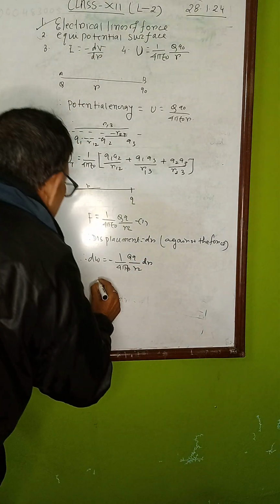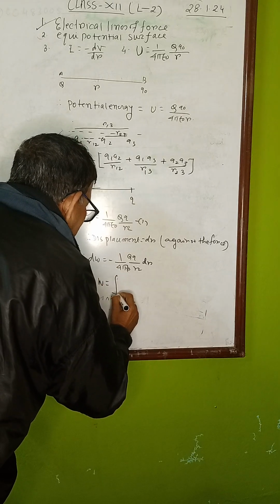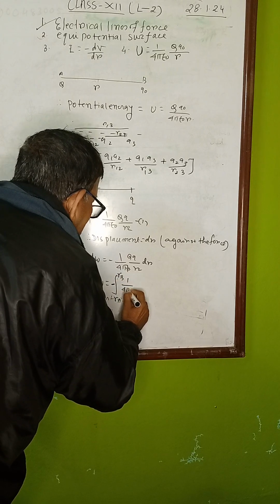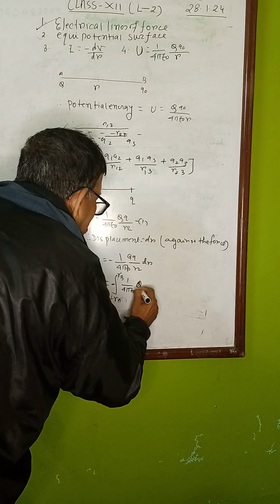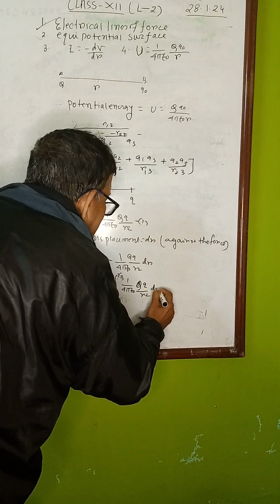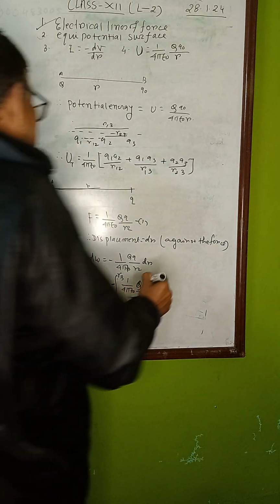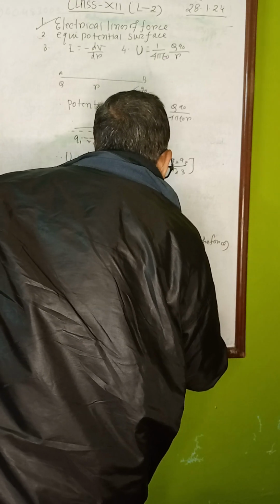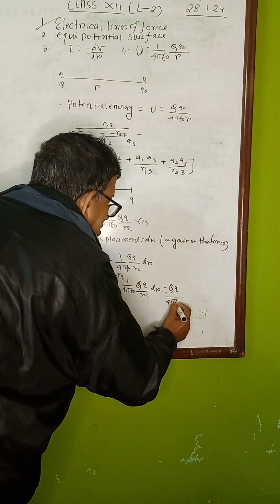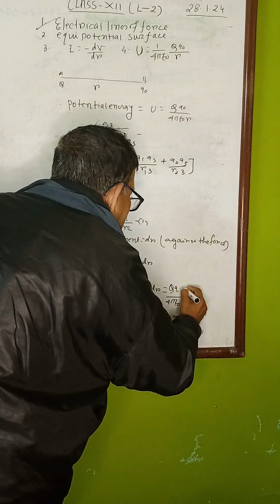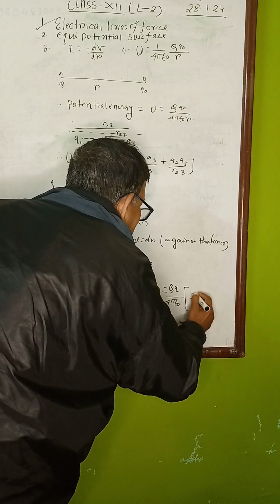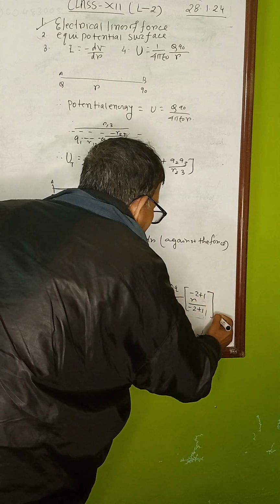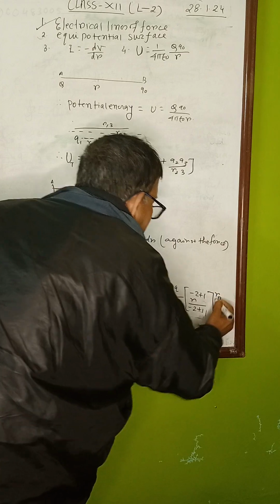Now the total work done W, when you are taking limits RA to RB, is the integral of 1 by 4 pi epsilon naught Q small q by r square into dr. After integrating, you are getting Q small q by 4 pi epsilon naught outside, and by integration you get r to the power minus 2 plus 1 over minus 2 plus 1, from RA to RB.